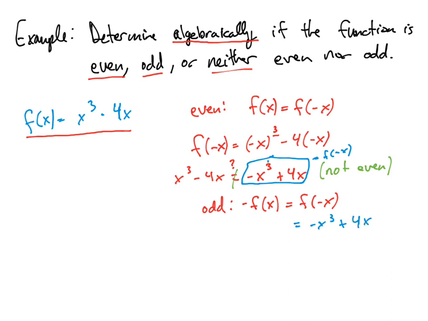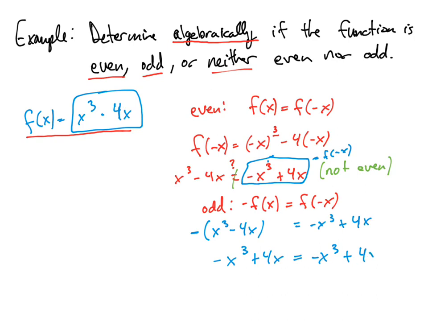So what we need to do is find negative f of x. So we say negative times the original f of x function. So negative of x cubed minus 4x. Distribute the negative: negative x cubed plus 4x, and that is equal to f of negative x, so that is equal. So we'd say this function is odd.